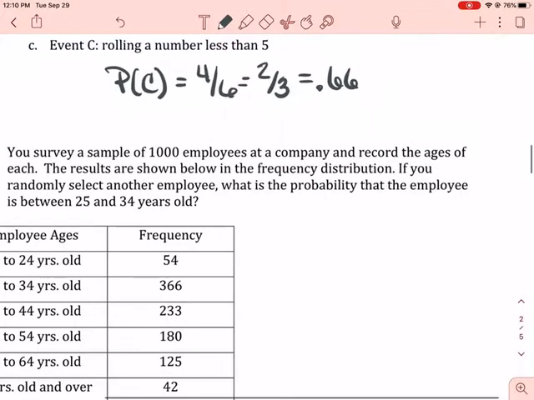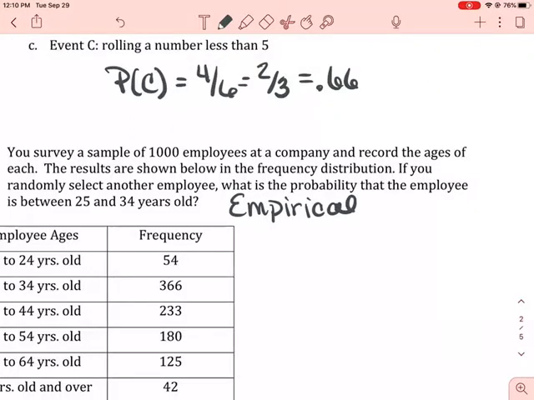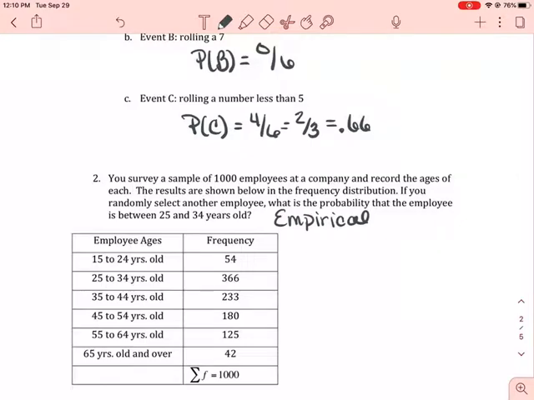But if you go out and collect data, if there's data involved, then this is empirical, or experimental. Say you survey a sample of 1,000 employees at a company and record the ages of each. The results are shown in the frequency distribution. If you randomly select another employee, what's the probability of an employee being between 25 and 34?